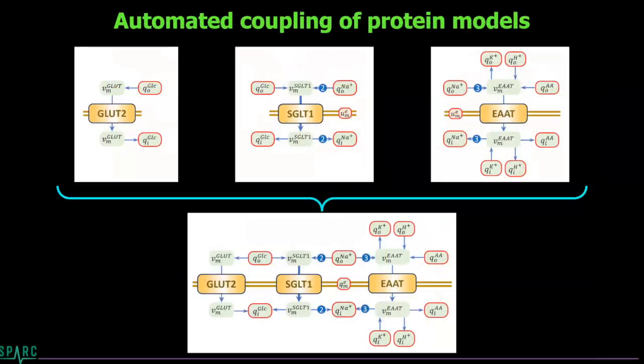And then what we can do again within the context of the FC map is to automatically couple these models into higher scale structures.